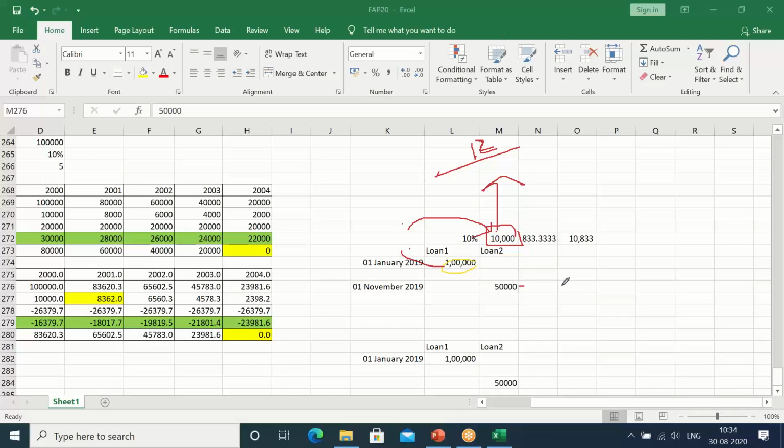But for the second loan, the interest will be calculated only for 2 months, November and December, because the loan is being taken on 1st of November.